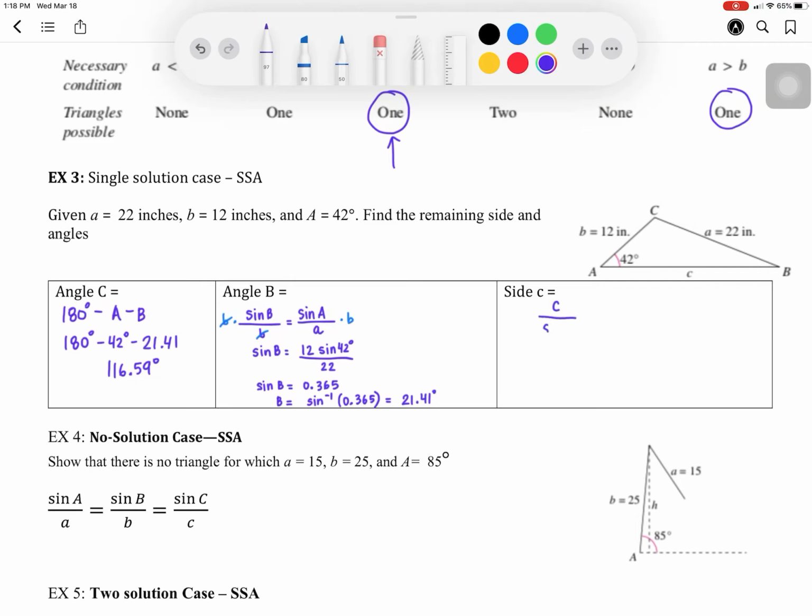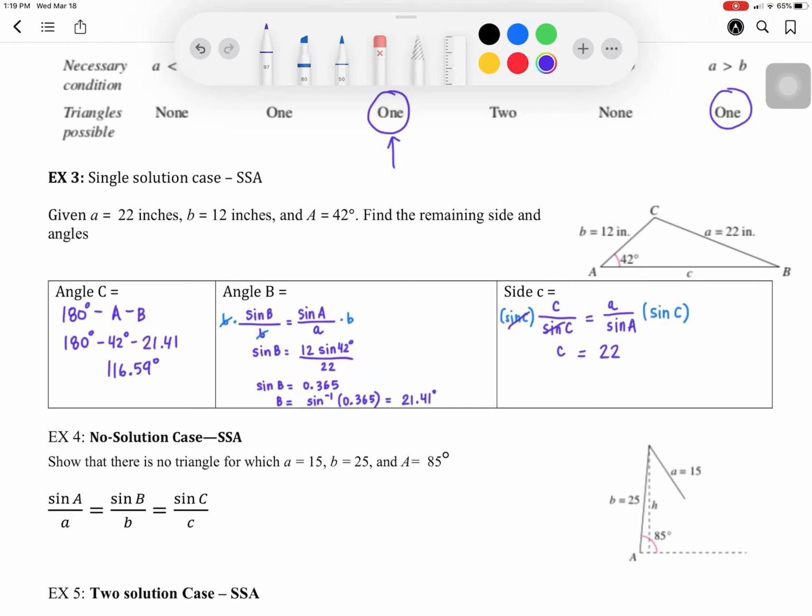So little c over sine of C is equal to little a over sine of A. And to get rid of sine C, I'm going to multiply both sides by sine C.